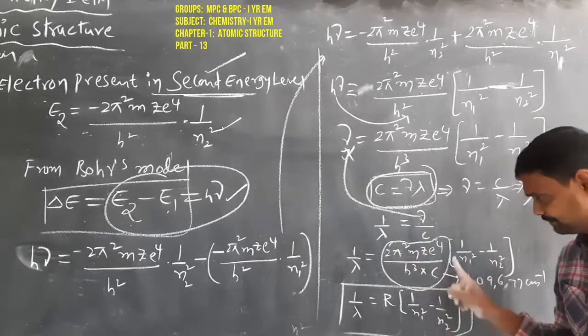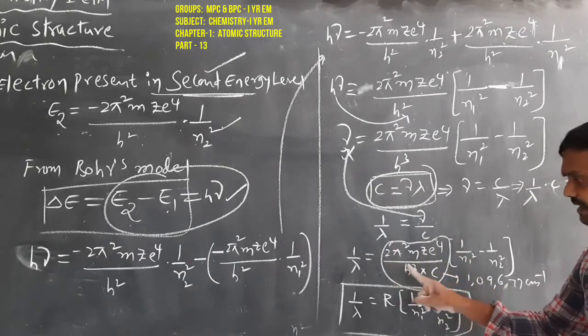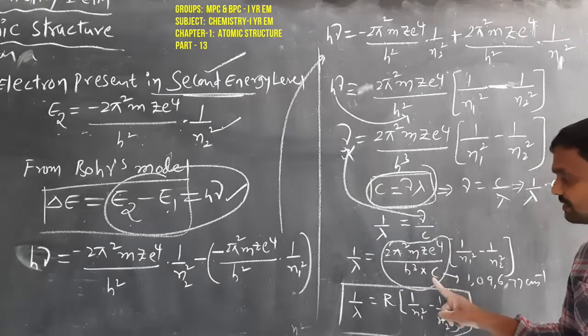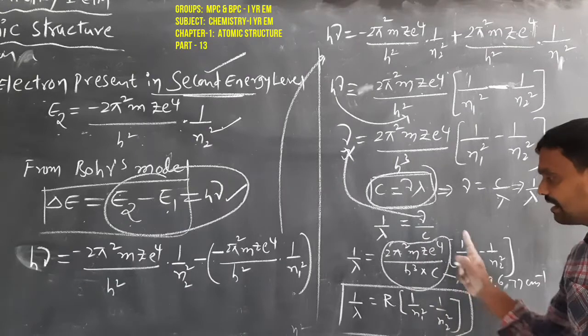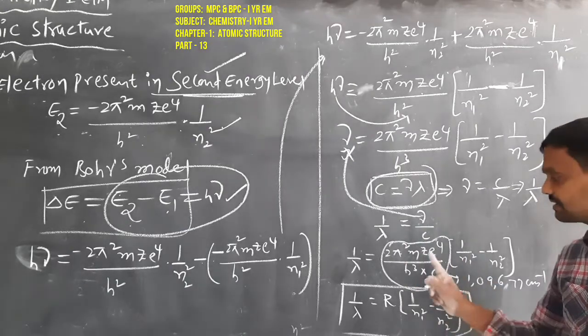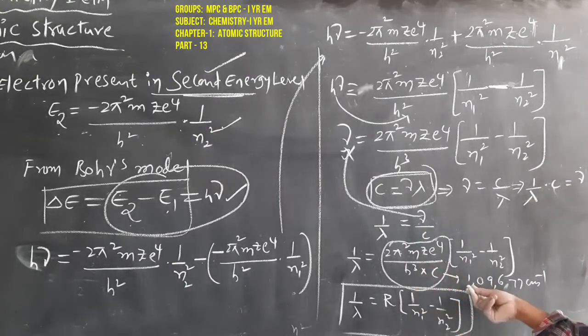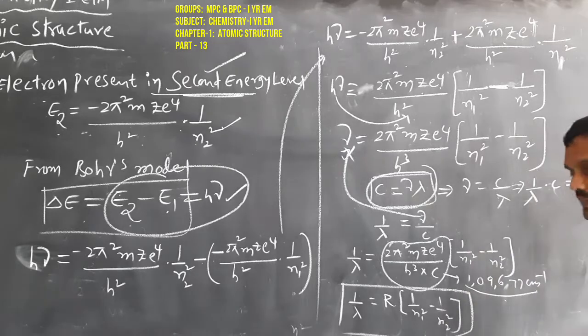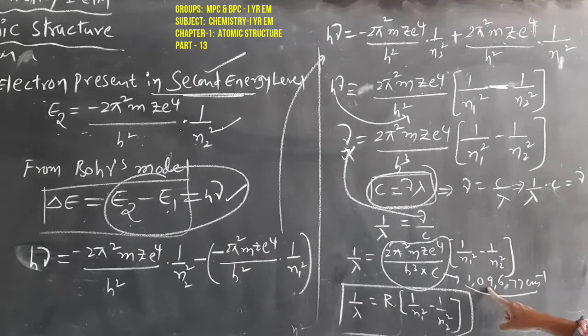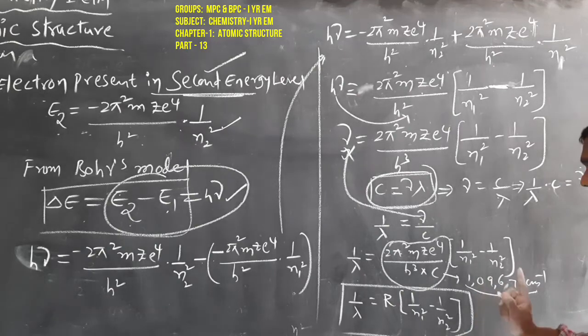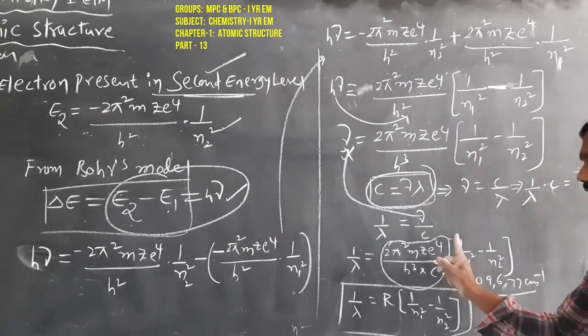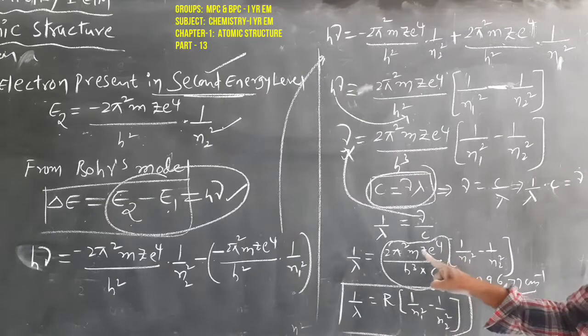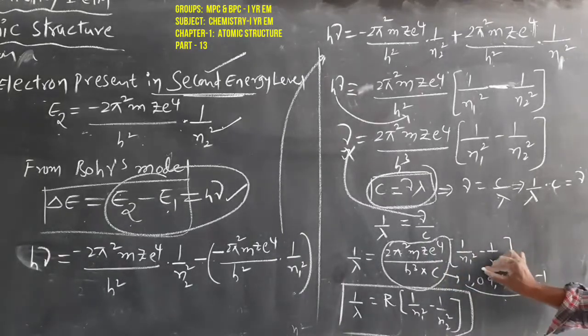Do you understand? This 2 pi square m z e power 4 by h cube c, for the hydrogen atom, is all constant. On substituting we get 1,09,677 centimeter inverse.